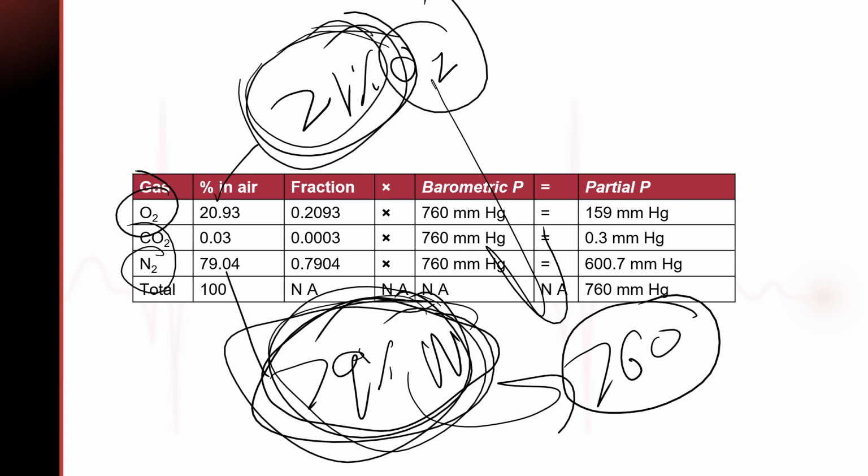That's what would be referred to as the partial pressure of oxygen and the partial pressure of nitrogen. Oxygen's partial contribution to the total air pressure, nitrogen's partial contribution to the total air pressure.